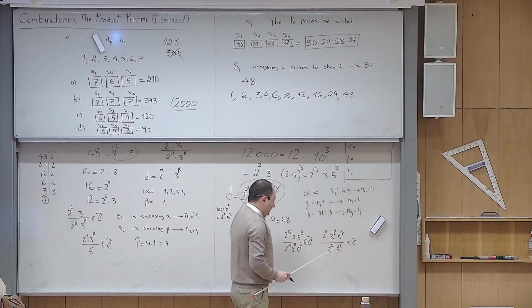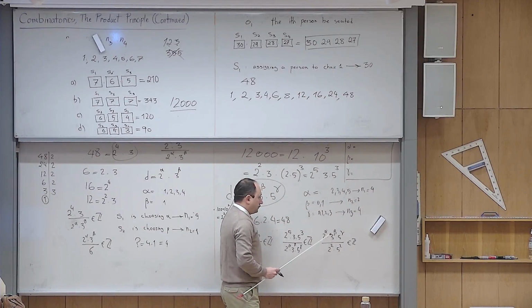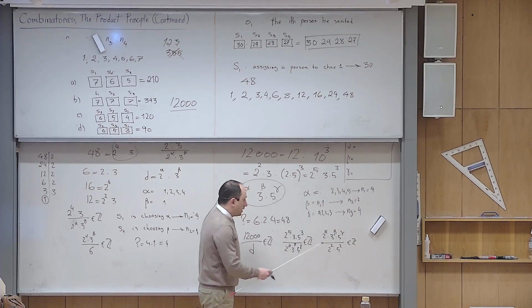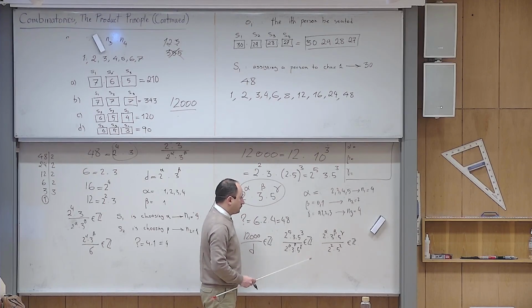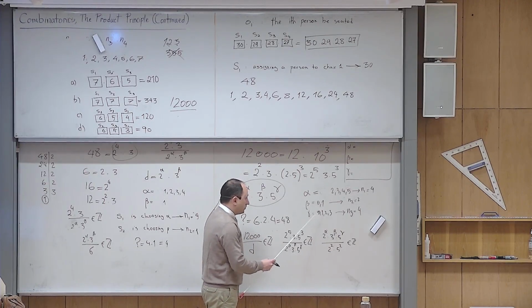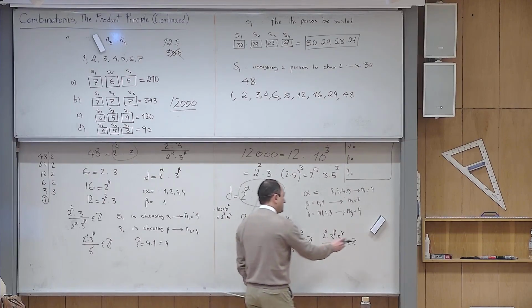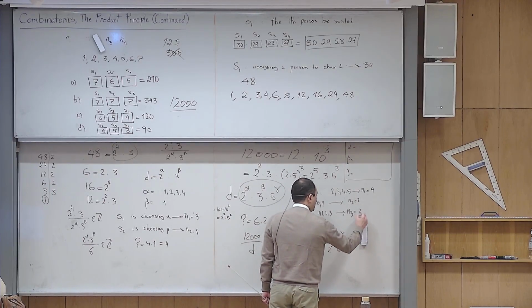And then, do you think this will affect the number of choices for beta? No, because for beta there is an extra 3 here, there is no 3 here, so I should not be worried. So beta is still the same. But how many gammas do I have? I cannot choose 0 because I have 2 powers of 5 to take care of. I cannot choose 1, but I can choose 2 or 3. So how many options are available? 2.